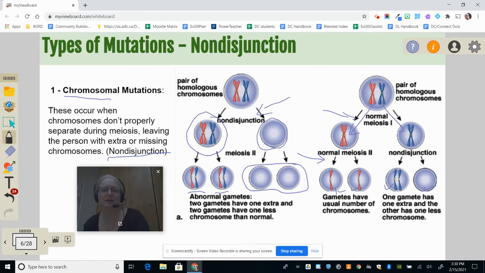This is where you can get chromosomal mutations, and when these egg or sperm cells combine, they may not form a viable offspring, or they might cause something like Down syndrome. Remember, we saw there's an extra chromosome 21. Well, that's how you would get an extra chromosome, through non-disjunction. So basically, the chromosomes aren't separating properly during meiosis.